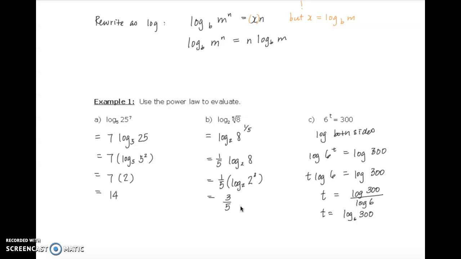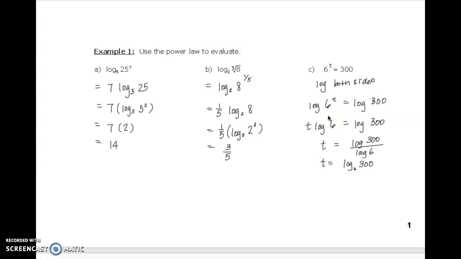Next, we have 6 to the power of t equals 300. It doesn't look like anything can be connected here. So let's try to log both sides of the equation. Another way to do this is to write it as a single log, log 300 base 6 equals t. That works too.